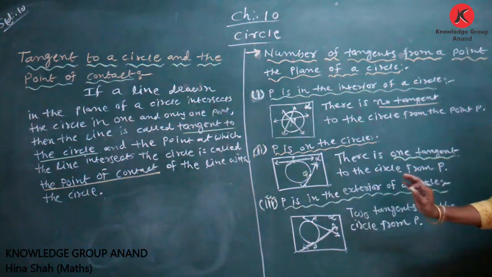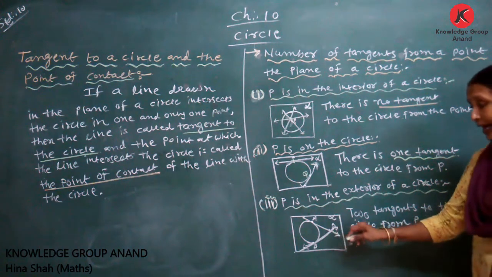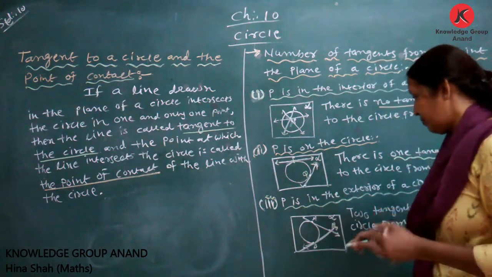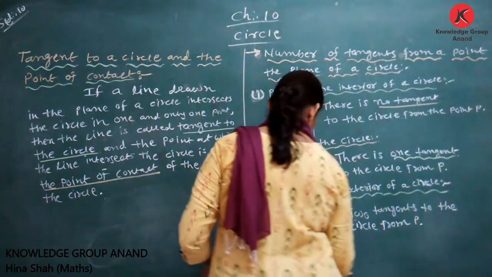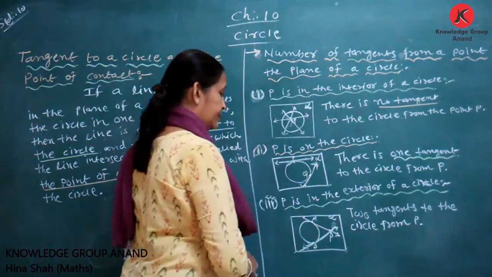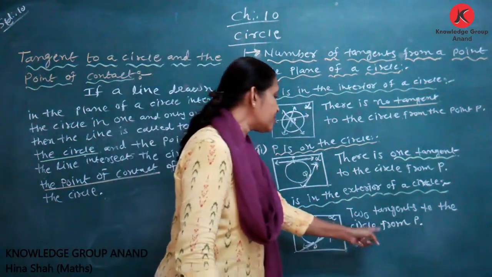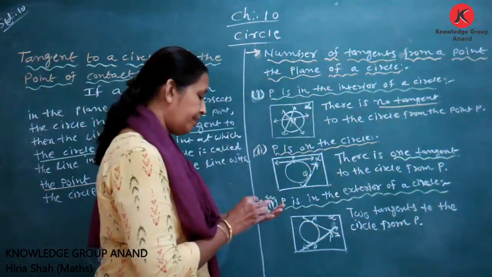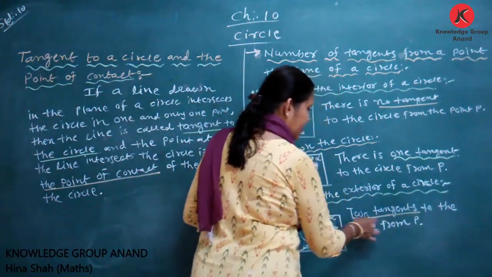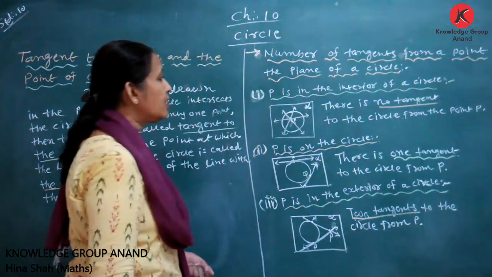Three possibilities. Then P lies in the exterior of the circle. Here is P. There are two tangents to the circle from P. How many tangents? Two tangents to the circle from P.